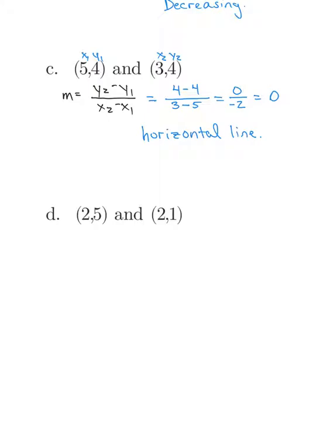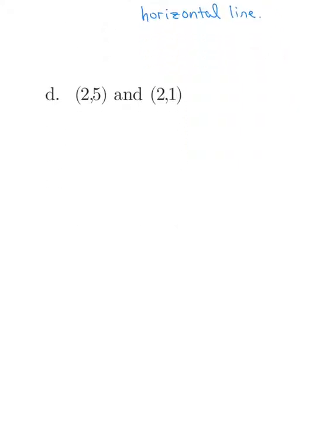All right, so now let's look at the final example. Our final example, we have (2, 5) and (2, 1). So starting with our formula again, we have m equals y2 minus y1 over x2 minus x1. If we go ahead and label our points now, we have x1, y1, x2, y2.